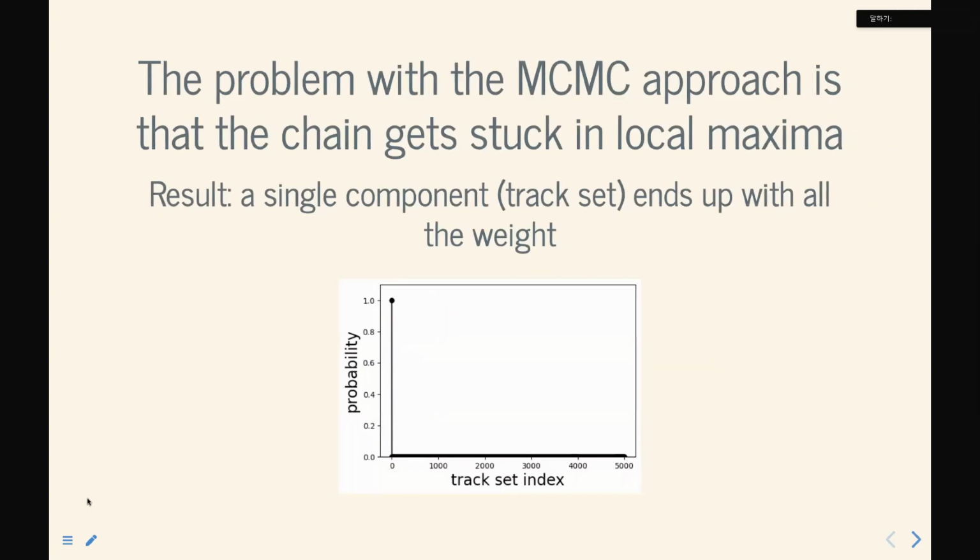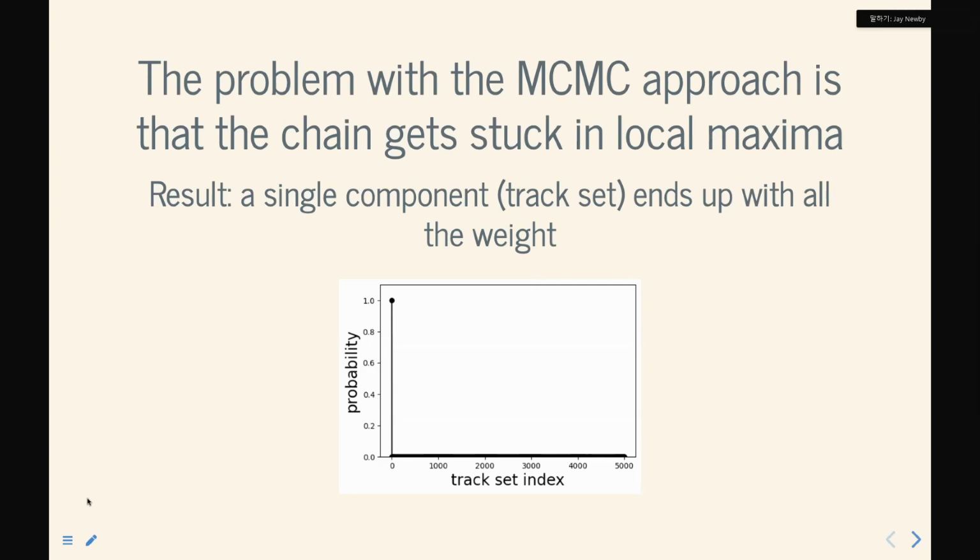Major problems. In theory, it works. But in theory, I would have enough compute power and time that I could compute forever. On time scales that we can actually work with, this is what happens. Here's the index for this track set. I've looked at 5,000 track sets. One has probability 1. All the rest, I didn't just manufacture this.